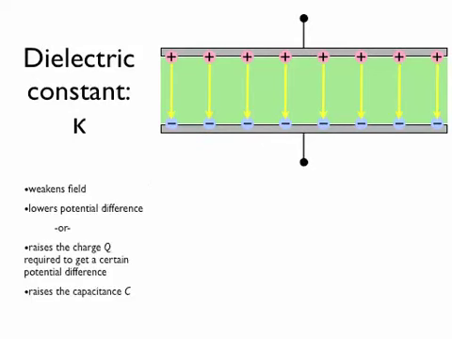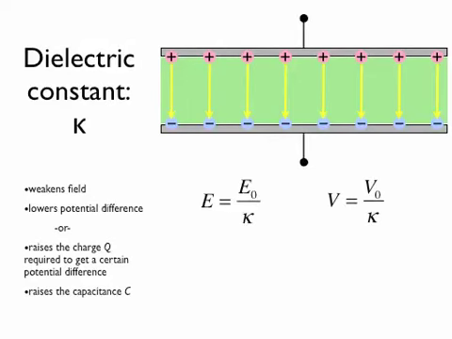We said that a dielectric weakens the field. How much does it weaken the field? It weakens the field by a factor of kappa. The electric field inside of a dielectric is the same as the electric field that would have been there without the dielectric, divided by the dielectric constant kappa. Because of that, we know that the difference in potential, if we have a uniform field, is linearly related to the electric field.